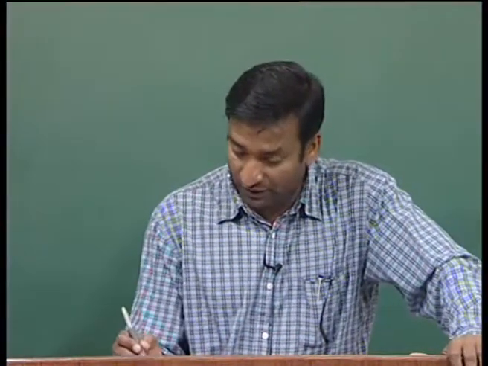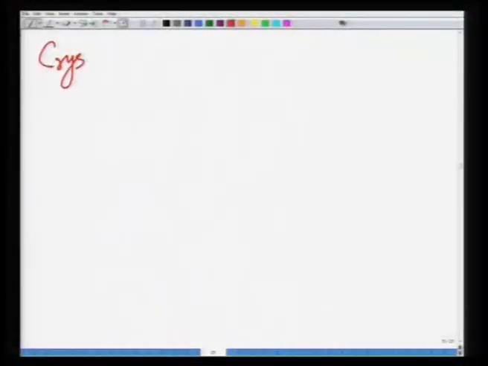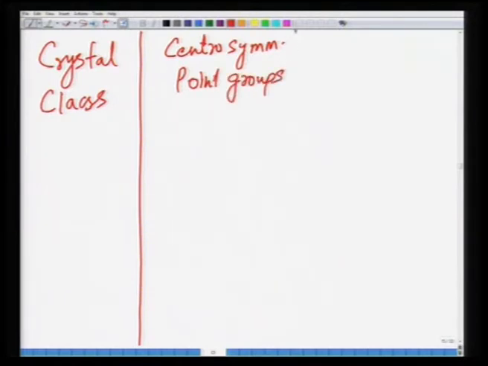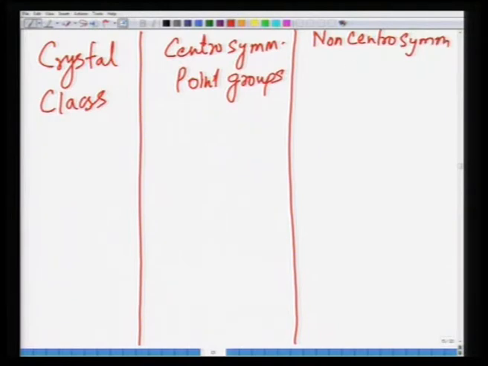So, now what I am going to do is further classify these crystals. If I make here a table, so this is a crystal class, and then centrosymmetric point groups, and then non-centrosymmetric point groups.